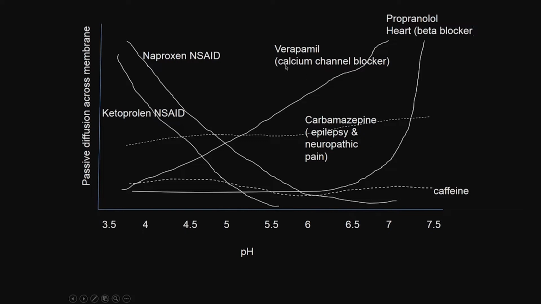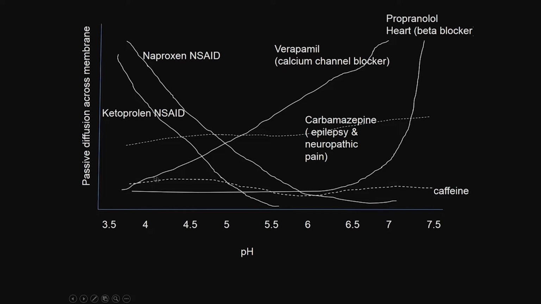Whereas, if you take a calcium channel blocker, verapamil, it goes up with pH. That means the diffusion is much better down the line in the small and large intestine rather than in your stomach. And same thing happens here, a beta blocker like propranolol, the diffusion is much better, sharply rising at higher pH 6, 7 and all that actually, okay.